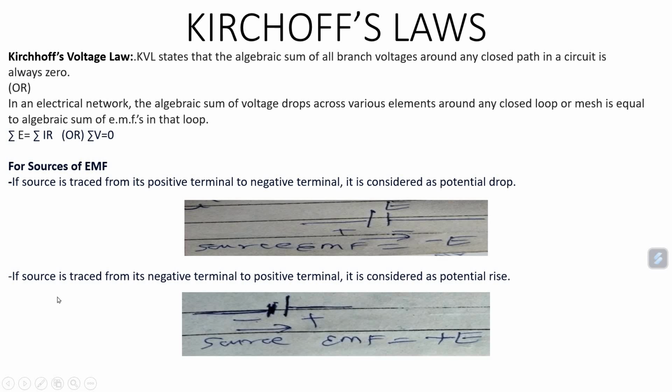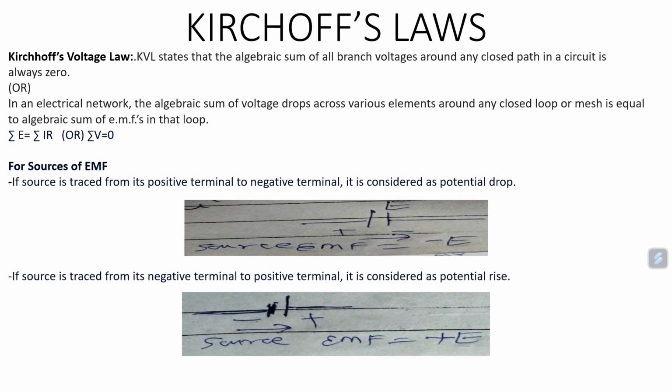And another statement, if source is traced from its negative terminal to positive terminal, then it can be considered as potential rise, and potential rise is always denoted by plus sign. So for example, in this case, this is the minus terminal, this is the plus terminal. We are tracing the circuit from left to right, so we are going from minus to plus. That's why this source EMF can be considered as positive, that is plus E.